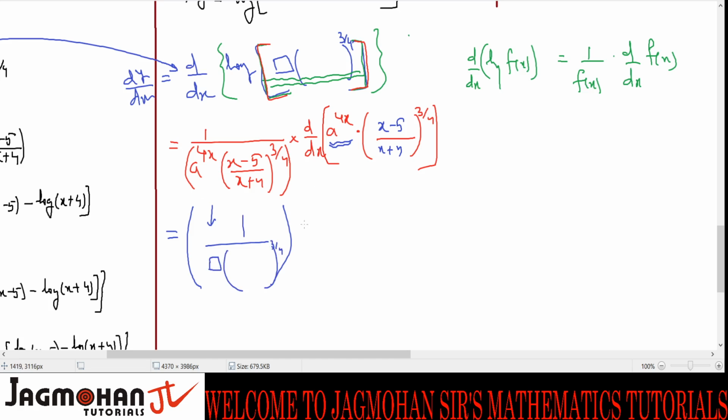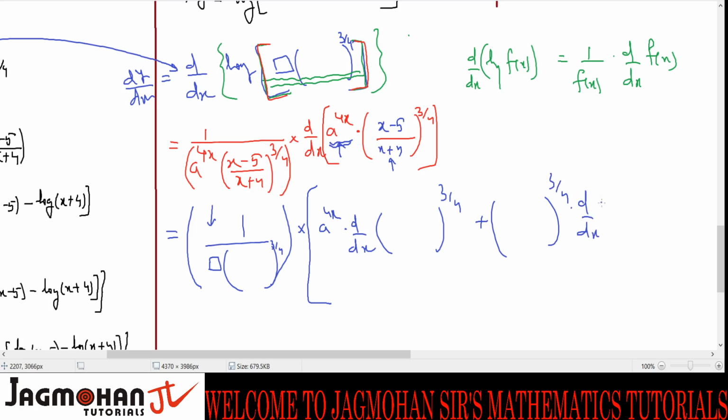And then for this into, you will put a bracket because there will be a plus sign, and here you will have a raised to 4x or d by dx of u into v: u derivative of v plus v derivative of u.